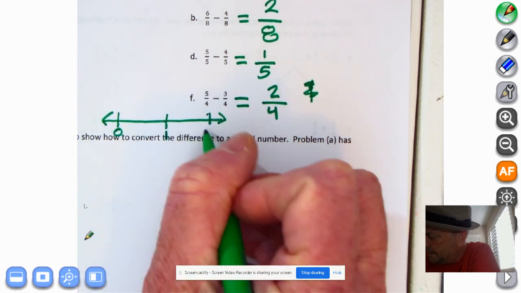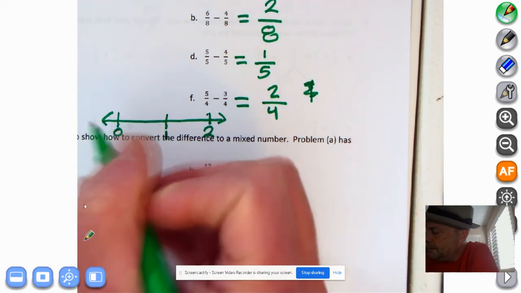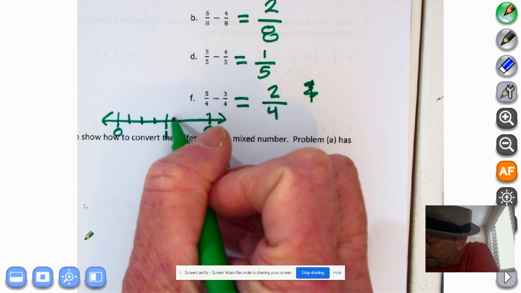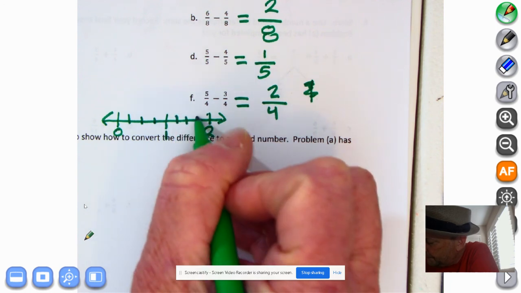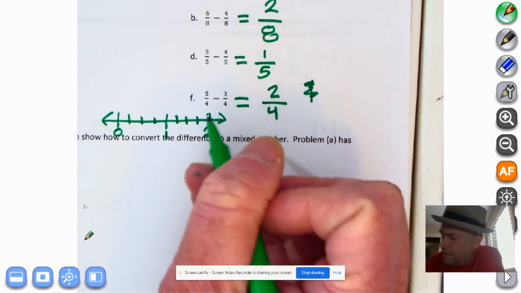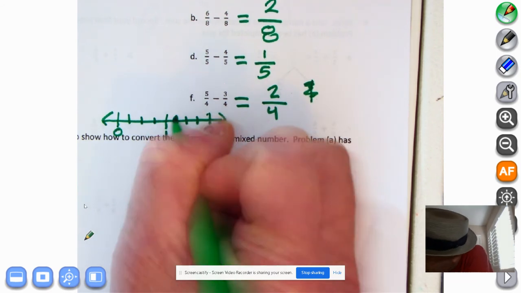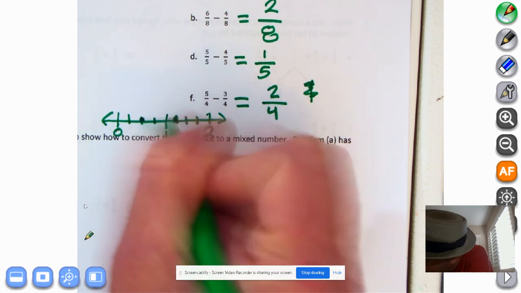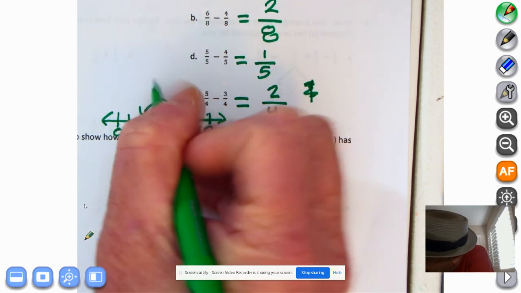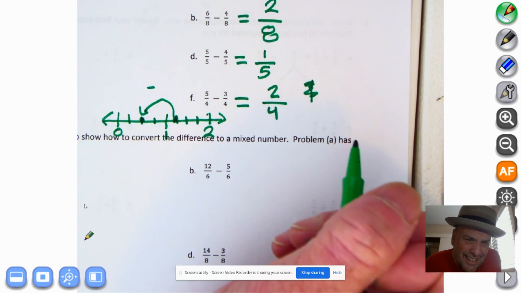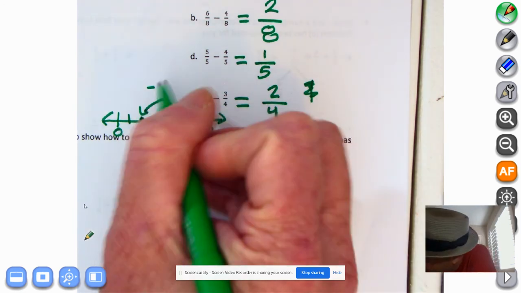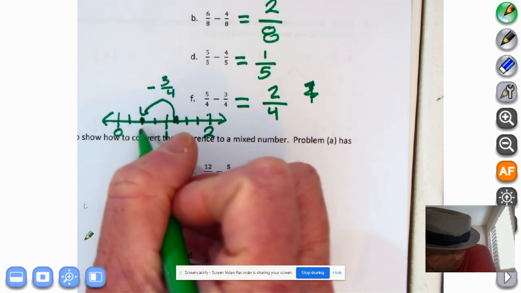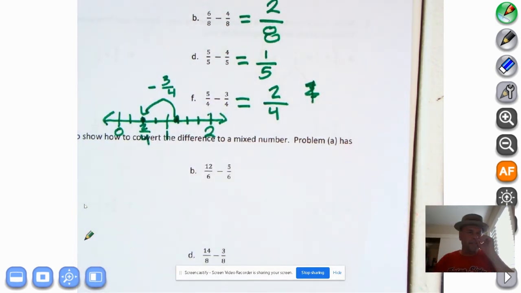We're breaking them into fourths: 1/4, 2/4, 3/4, 4/4, 5/4, 6/4, 7/4, 8/4. Where do we start? 5/4. We're subtracting how many? We're subtracting 3/4: 1, 2, 3. Boy, my eyes are bad. What are we left with? 1/4, 2/4. And that is that. There you have it.